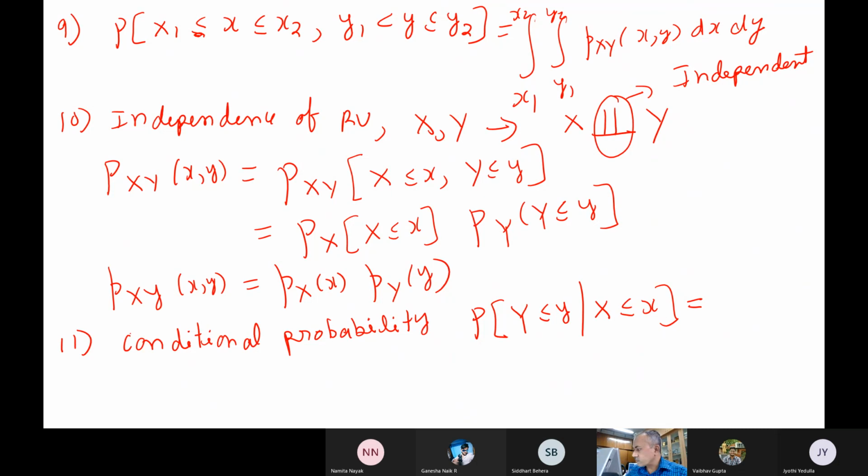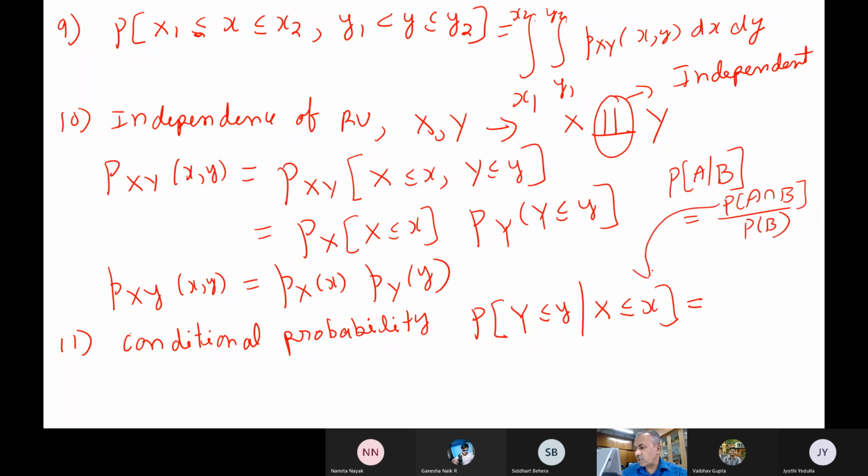P of A intersection B divided by P of B.